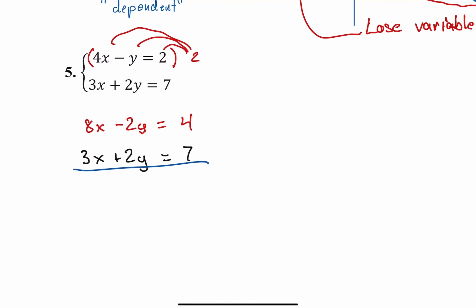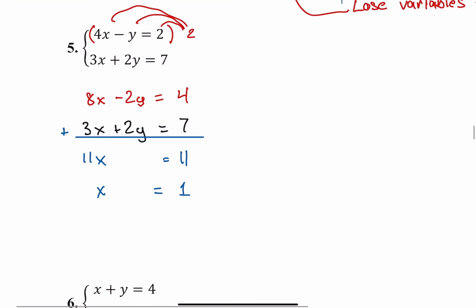I will then go ahead and add these, and then you end up with 11x plus 0 is equal to 11, so x is equal to 1. And then I will back substitute choosing either equation. So I'm going to choose the first one because there's less multiplication. So 4 times 1 minus y is equal to 2.